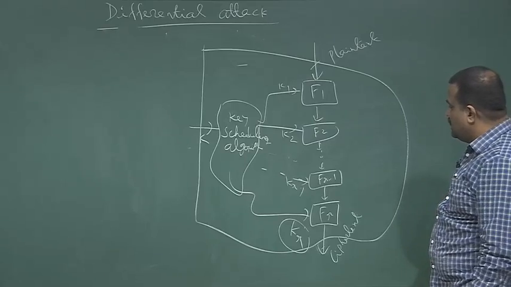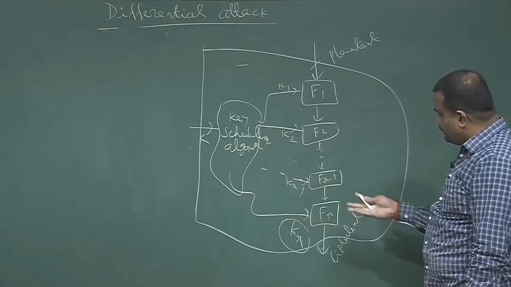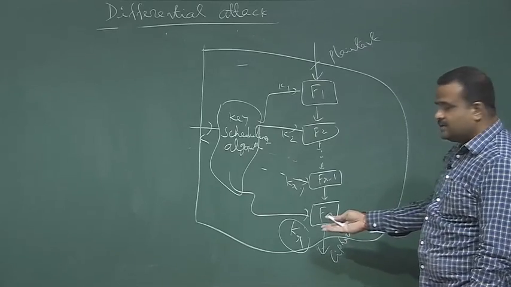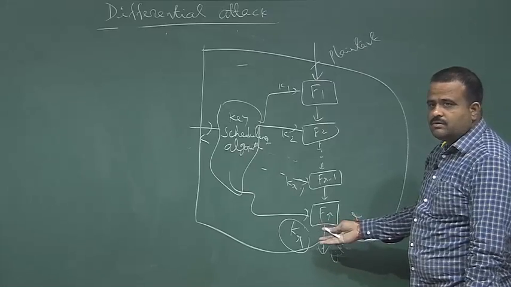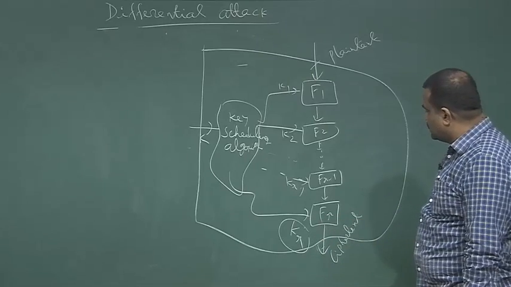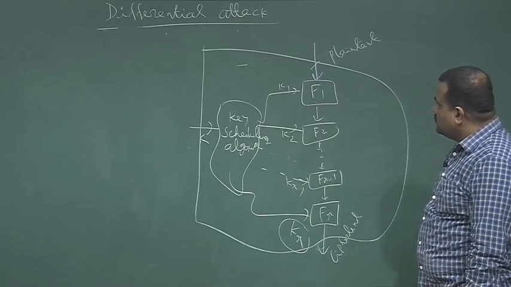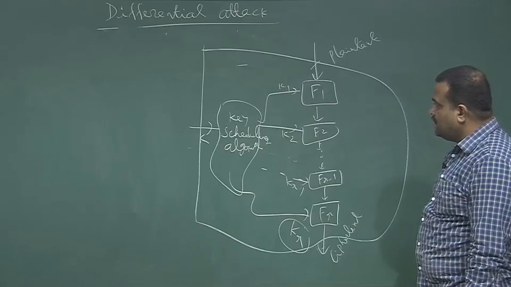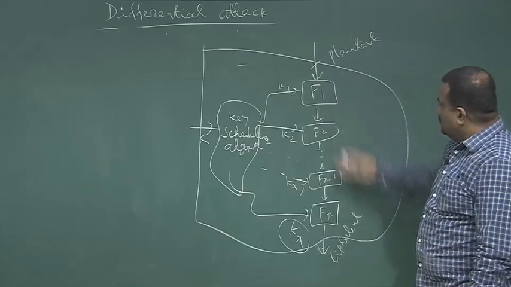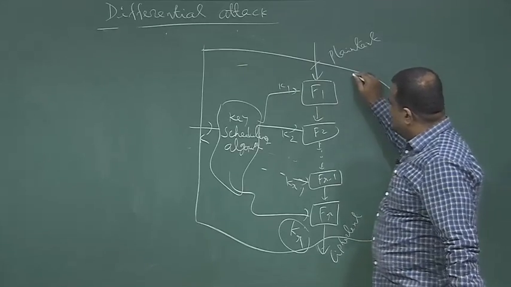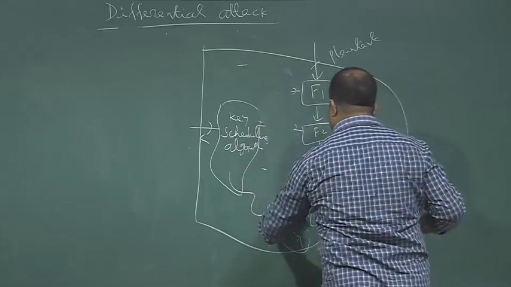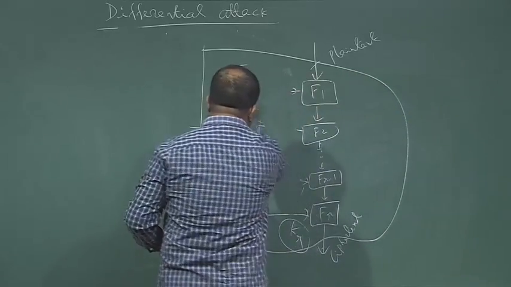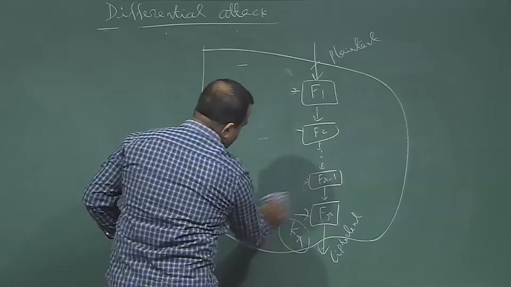So, this is the attack where the attacker is attempting to find out the rth round key. For that we need something called differential trials. Say these are the r rounds.